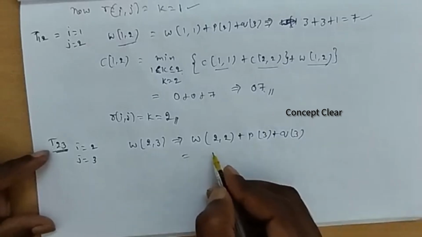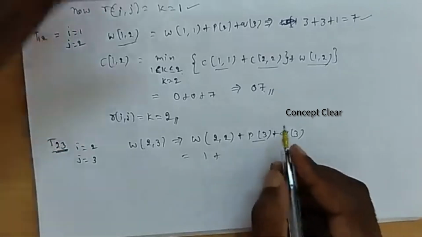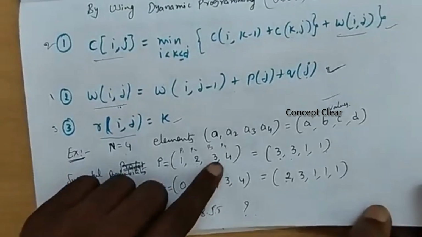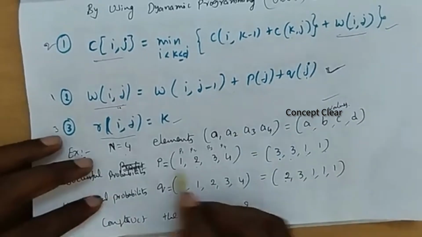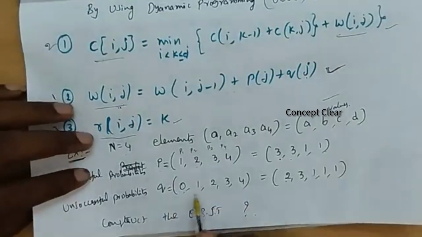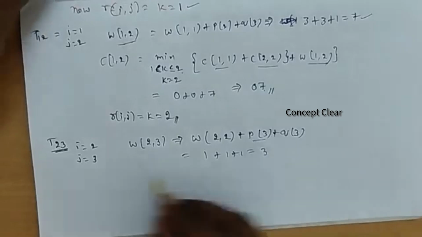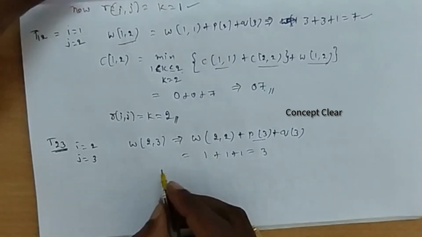W of 2 comma 2 is 1 plus P of 3 equals to 1 plus Q of 3 equals to 1. So what is the answer? It is 3. Here W value is also 3.